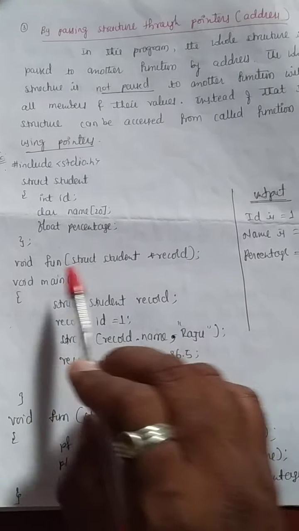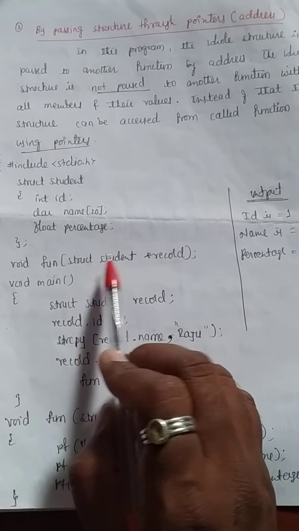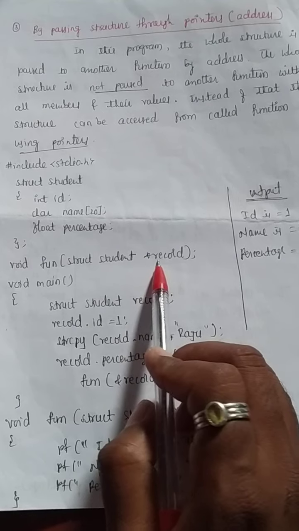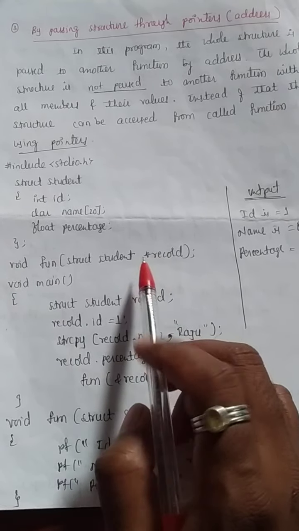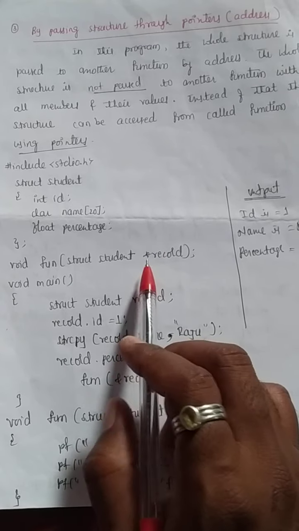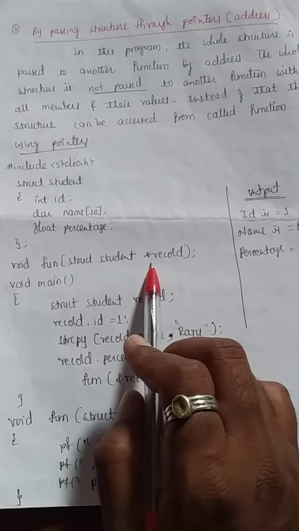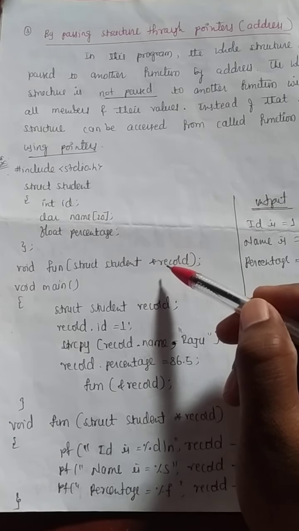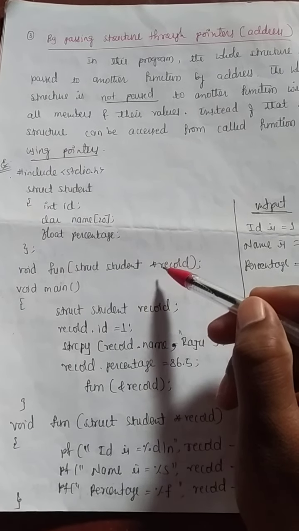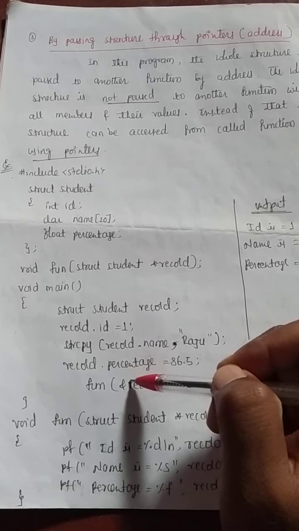Declare the function here, void fun struct student. You can observe here that instead of only record I am having one star. Star indicates the pointer concept. A pointer holds the address of another variable. It means this record is a pointer which will be pointing to the address of this record.